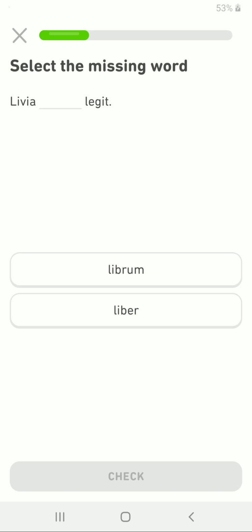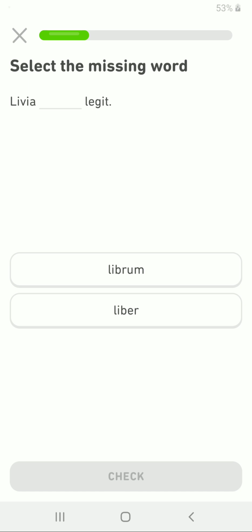Livia legit. What does that mean? Legit, it's to read. So Livia reads. What does she read? It's not liber, because liber would be the nominative form.